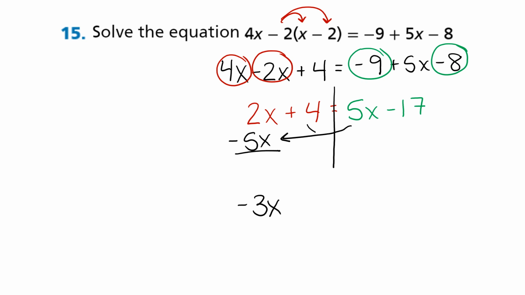Doing the opposite of 4, we would do a negative 4. Negative 17 and negative 4 make a value of negative 21. And your final step is to divide. The negative 21 divided by the negative 3x gives us a final answer of positive 7.